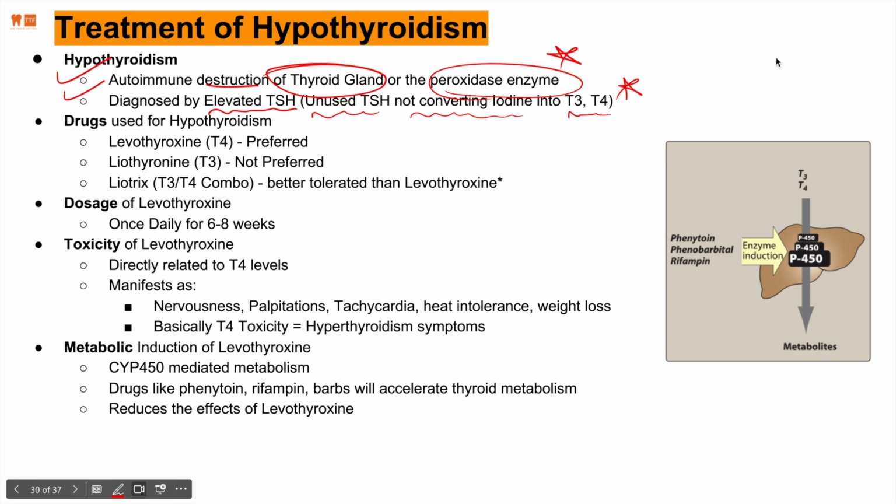So remember, thyroglobulin, and then it's supposed to release T3 and T4. Why? Because TSH said so. If there is a lot of TSH, which is not being converted to T3, T4, right here is the problem.